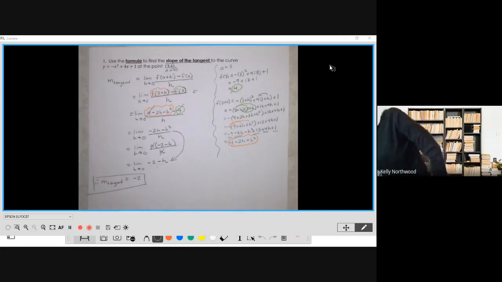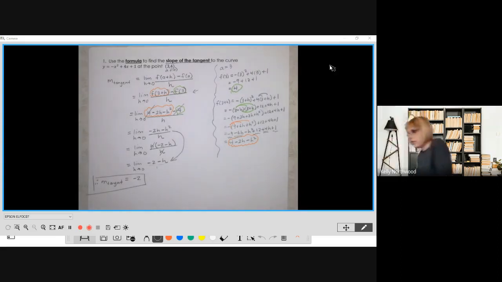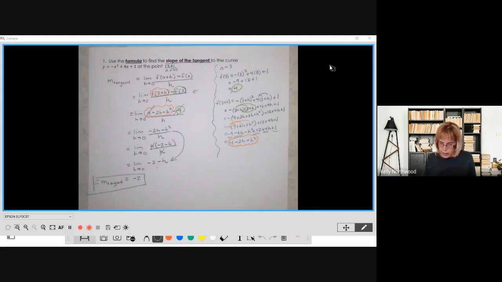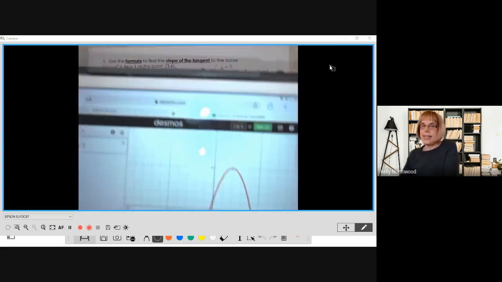Do you guys know how to use Desmos? Yes, most people. So if you use it, I could type in this function and see it there.